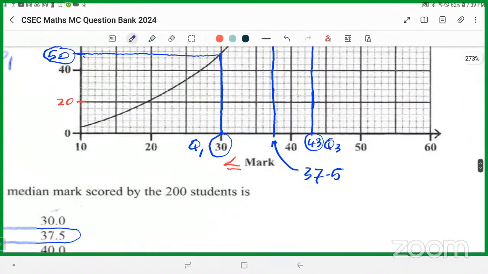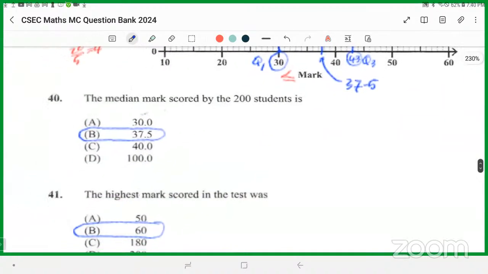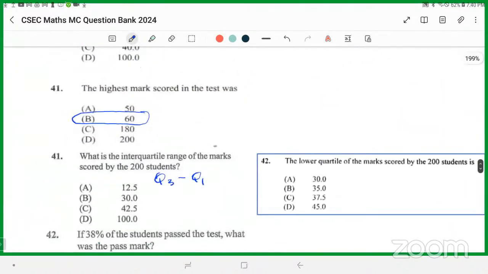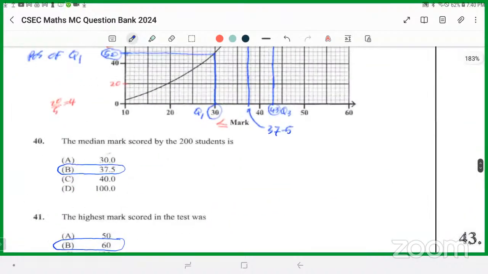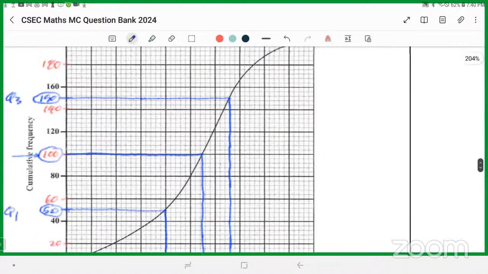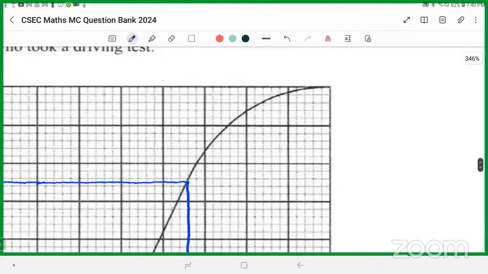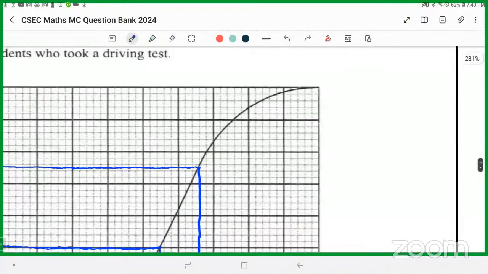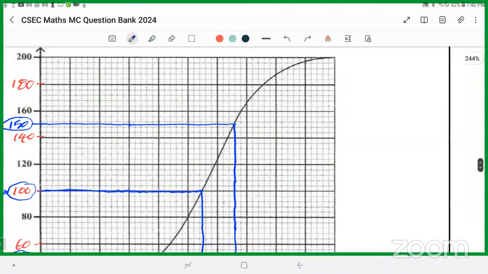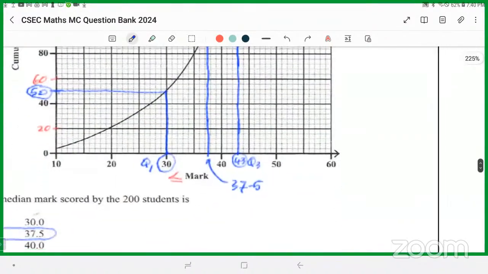So our interquartile range becomes 43 minus 30. 43 minus 30. I'm getting 13. This is the closest answer to 13. So I'm just going to mark it. Right here, at this point, it looked like it reached, still no matter. But anyway, I get 12 and a half, I get 13.